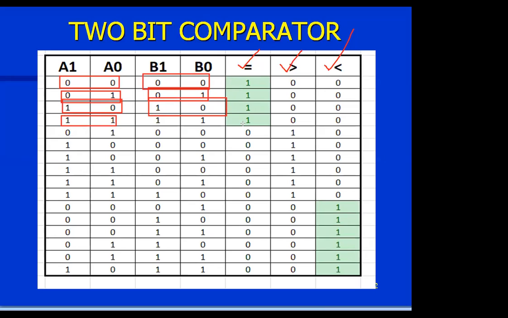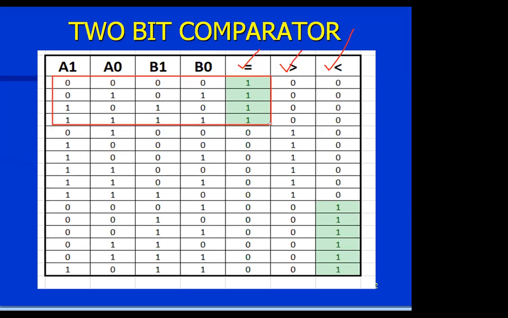Here, there are 4 possibilities to generate the output A equal to B. This is one way, and if you observe correctly, this table is completed with respect to A equal to B. Up to here, the output for A equal to B is done.